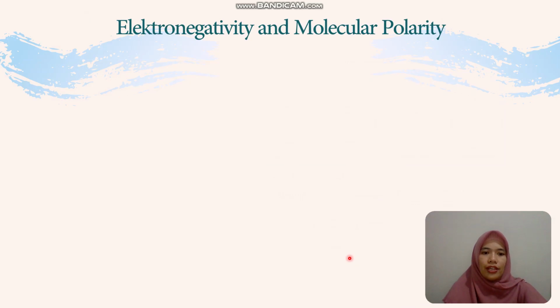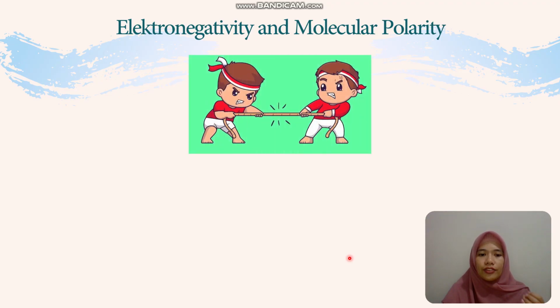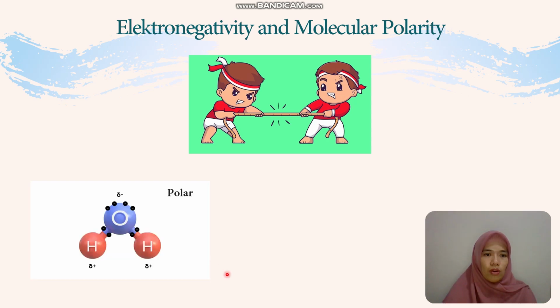Each atom has a different ability to attract electrons. This ability is known as electronegativity. Imagine it as a tug of war for electrons. Some atoms attract electrons more strongly than others. For example, in a water molecule, oxygen attracts electrons more strongly than hydrogen, causing the electron density to become greater around the oxygen atom.